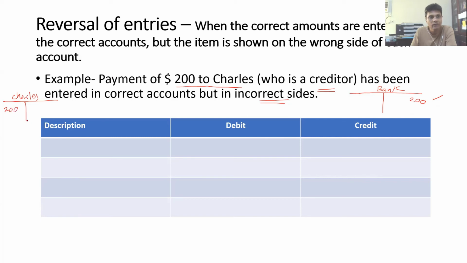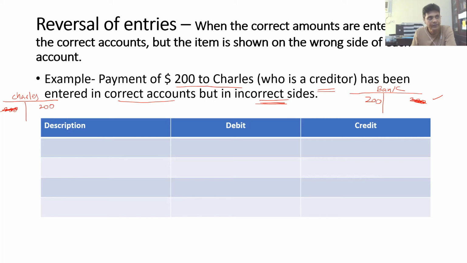Instead of that, what you have done? Payment of 200 to Charles, who is a creditor, has been entered in correct accounts but in incorrect side. Okay, instead of crediting bank account, you debited bank account and Charles account you have credited.